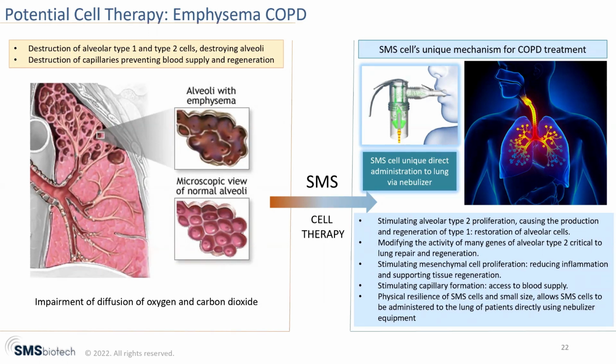We will also stimulate mesenchymal stem cell proliferation, reduce inflammation, and support overall tissue regeneration. We will stimulate blood capillary formation and provide access to blood for the damaged tissue. These are the main aspects and the cornerstones of this unique cell therapy.